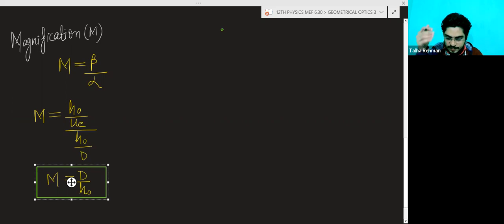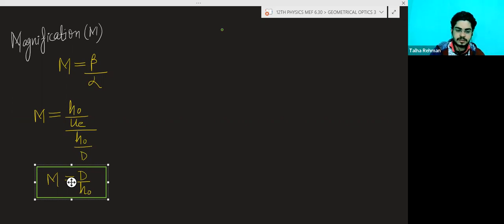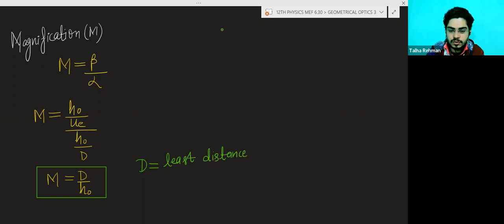D is 25 centimeter basically. D is equal to least distance of distinct vision.